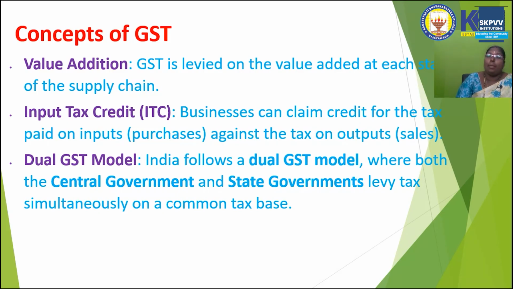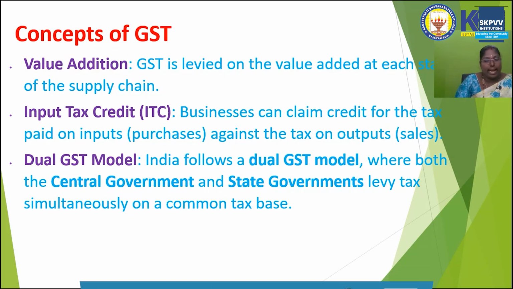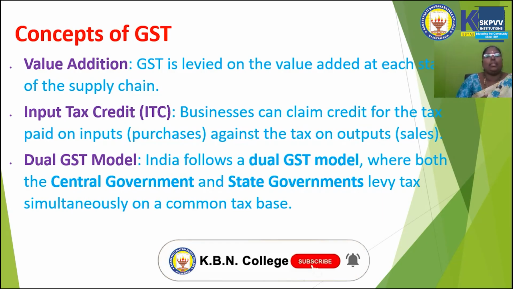Whatever product we sell, we collect the taxes. At the same time, on whatever goods we purchase, we pay tax. So the government gives some relaxation to regular dealers: the tax related to purchased goods is deducted.